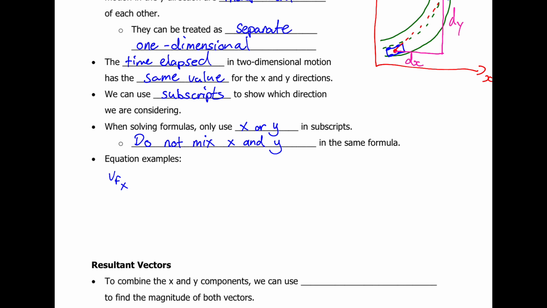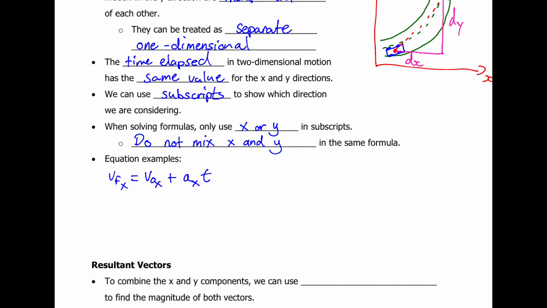VF in the x direction is equal to V naught in the x direction plus the acceleration in the x direction multiplied by time. As long as it's a vector, all of the vectors have to have the same letter with them. I can't switch x and y in the same formula. The time is the same for both because time is a scalar, but I can't mix it.